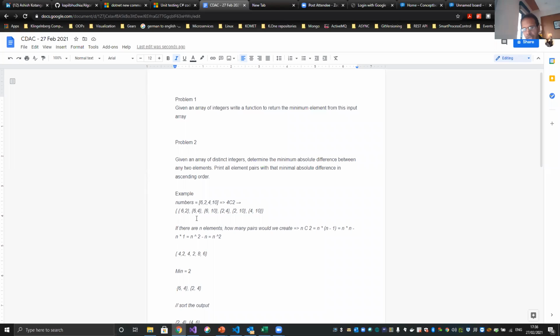In order to generate these kind of pairs, you would have one for loop which goes from 6 to 10, and then the other for loop which follows from the next element to the last.